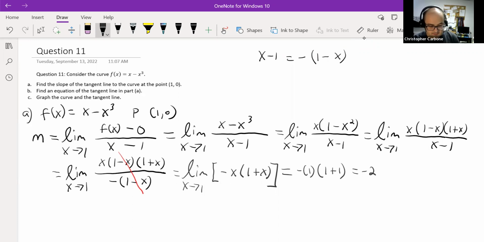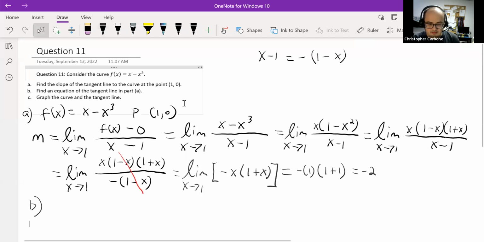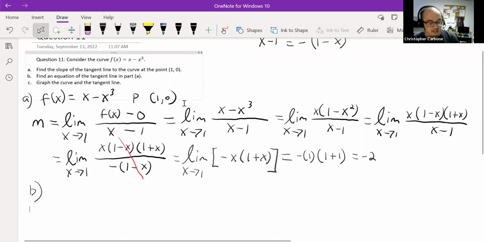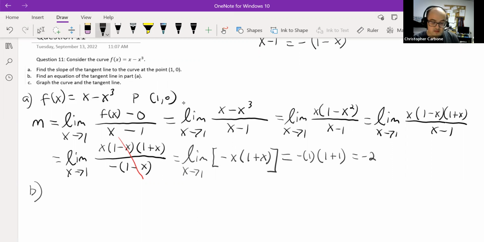For part B, we want the equation of the tangent line that we just found the slope for in part A. So that would be based on y minus, since it's based on this point (1, 0), this would be f of 1, is equal to the derivative that we just found, f prime of 1, times x minus 1.